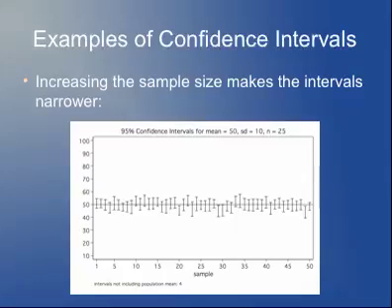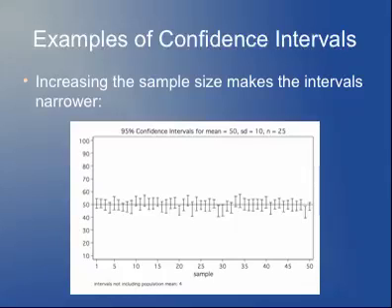Again, they don't miss by very much. In this case, we got a little unlucky. Normally, we would expect only about 2 or 3 of these confidence intervals to not contain the mean. This time we had 4. But this just illustrates the point that when you increase your sample size, your confidence interval will get narrower, but you don't increase the probability that you actually contain the true mean. That stays at 95%.